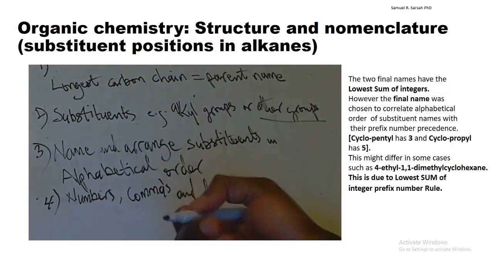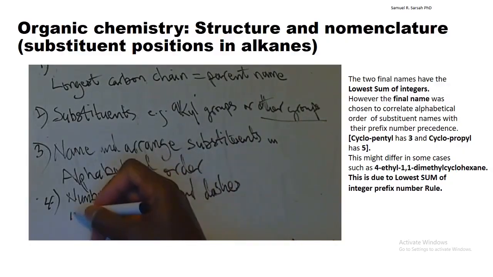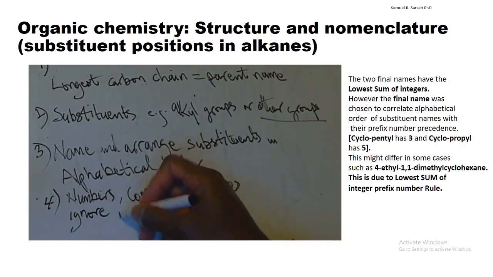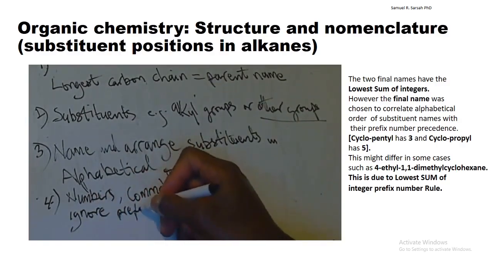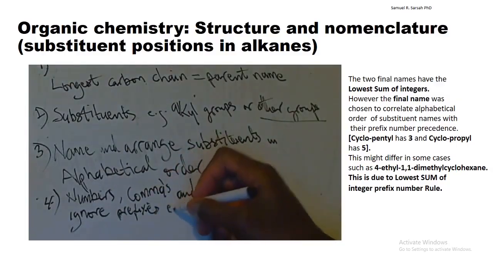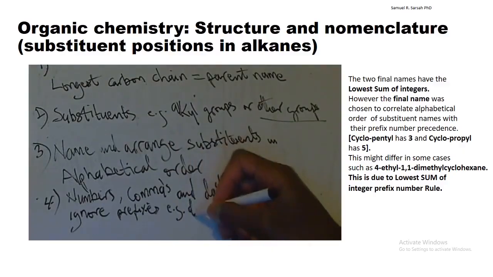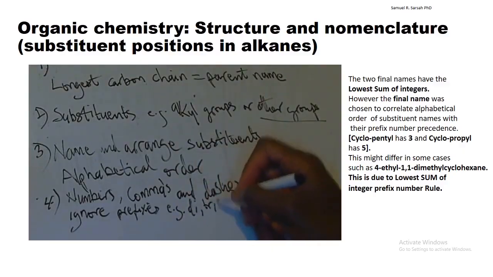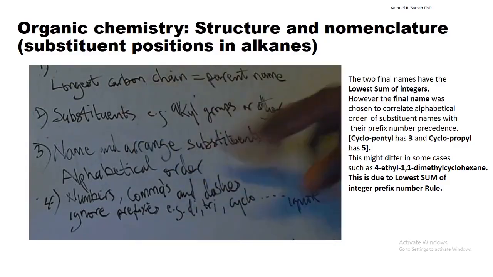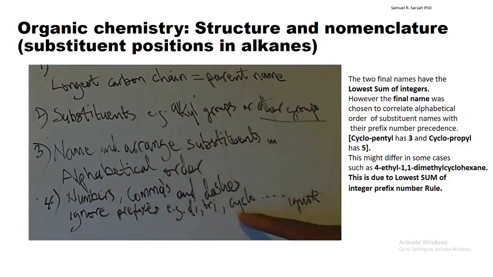And then other things like ignoring prefixes, for example di, tri, cyclo. Just go with the names in alphabetical order. The di, tri, cyclo, and other things do not affect the alphabetical order.